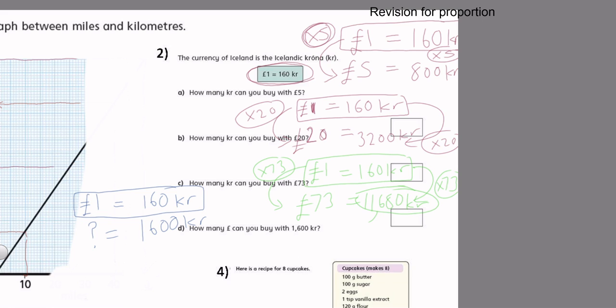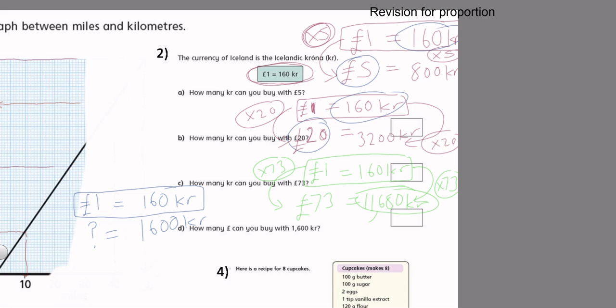So what you then do is you divide. You do 1,600 divided by 160. Now so far, all the questions we've been doing, we've been timesing. When we change pounds into kronas, we've been timesing by the exchange rate. In question A, we did £5 times 160. For question B, we did £20 times 160.